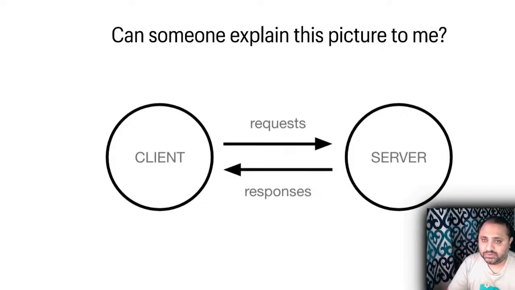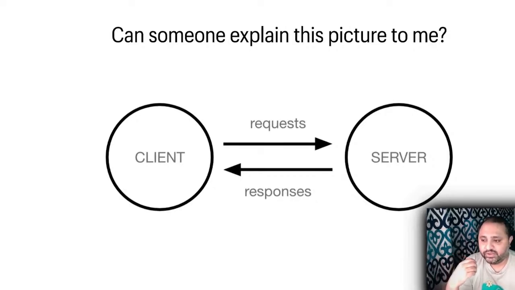So, simple client server picture. I am sure tons of people must have told you about this. Tons of people must have used the analogy of a restaurant, that you go in there. The public facing side of things, that's the restaurant: the actual building, the tables, the chairs, the servers, the waiters. That's essentially the front end or the client in this scenario. Whatever request you give goes to the server, who takes your request and gives you back a response.